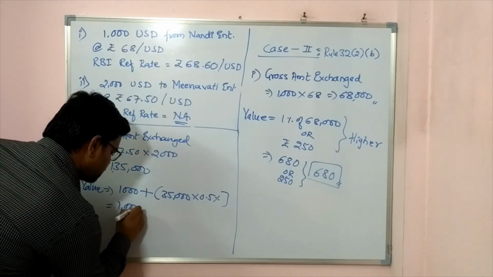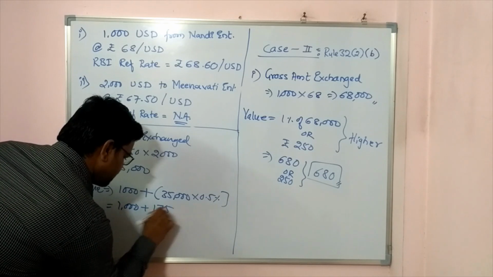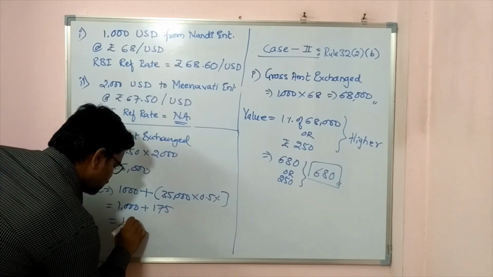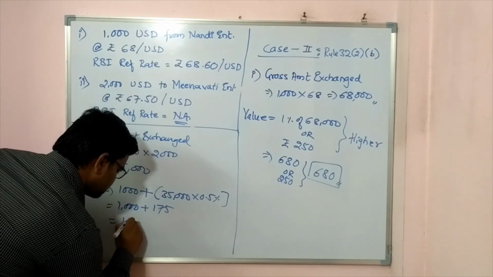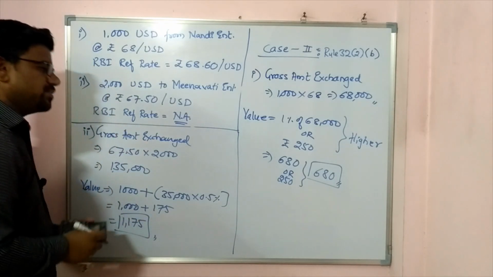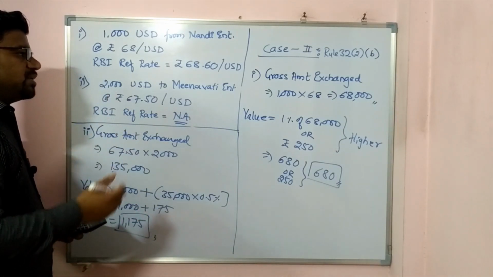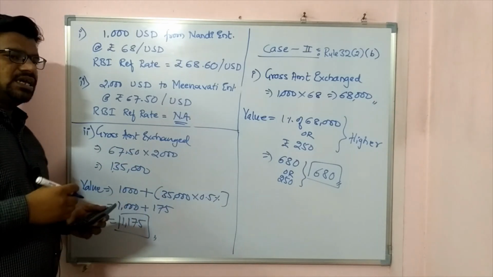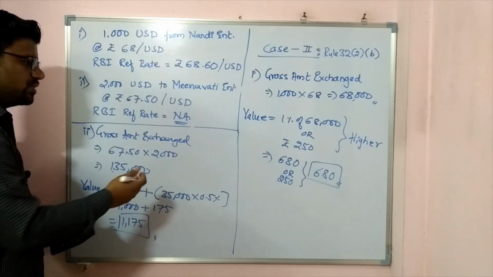So 1000 plus 175, 1175 is my answer. This is my answer and I'm done. Let me remind you, this question was asked in CA final. See how easy it is.